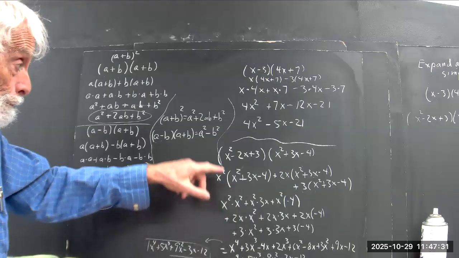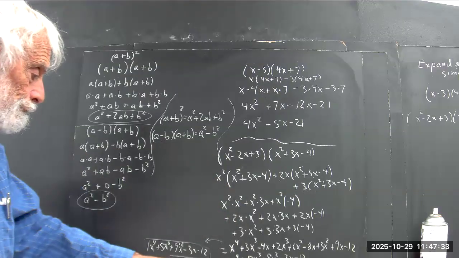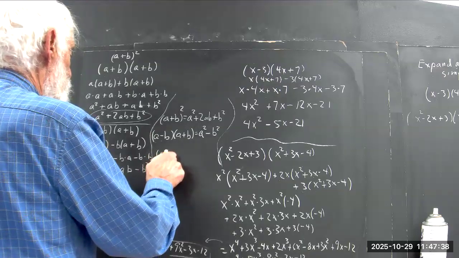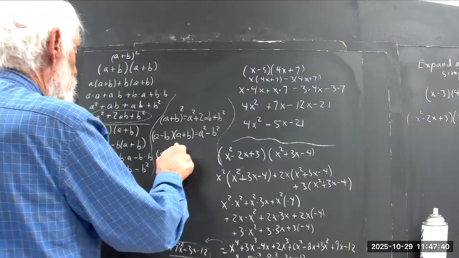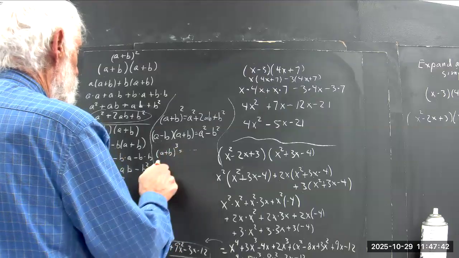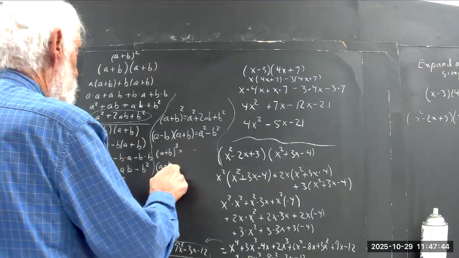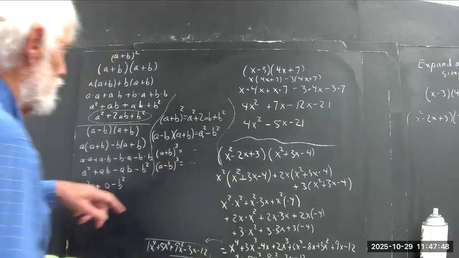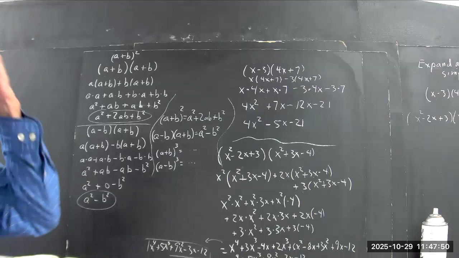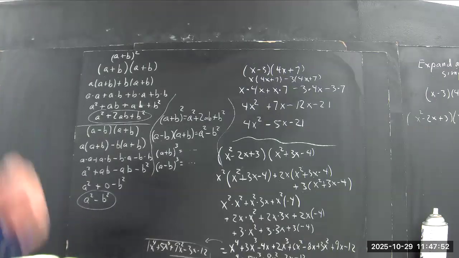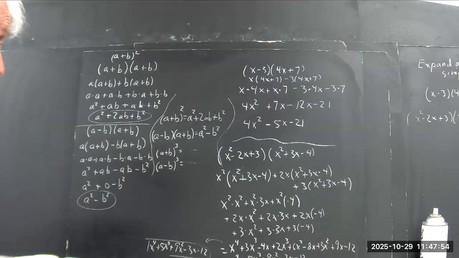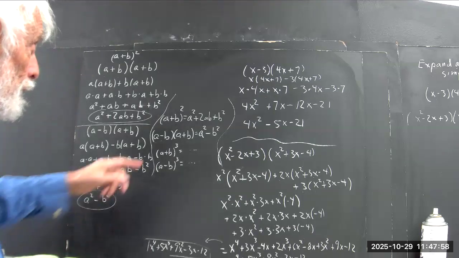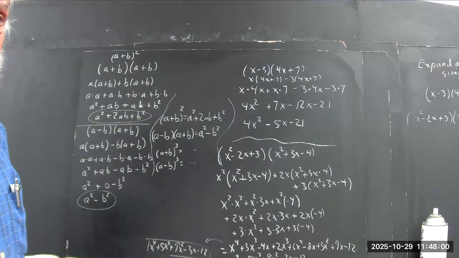Okay. So I'll write this here. Just say there are formulas for A plus B cubed and A minus B cubed. And you can always figure them out.